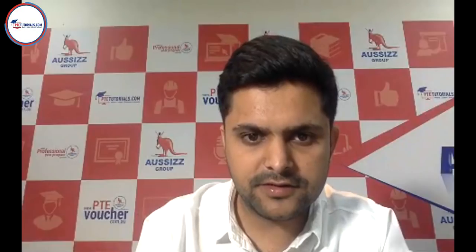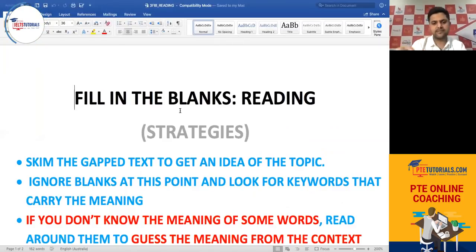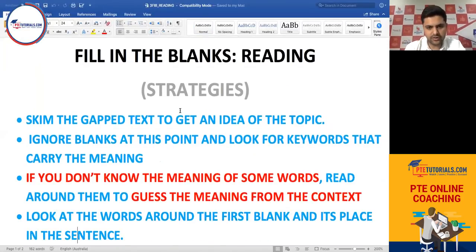When you have the question in front of you, the first thing you're supposed to do is skim the entire text, and at this time you just ignore the blanks. Completely ignore all the blanks at that point, and just look for the keywords that carry the meaning to understand what the entire text is about.